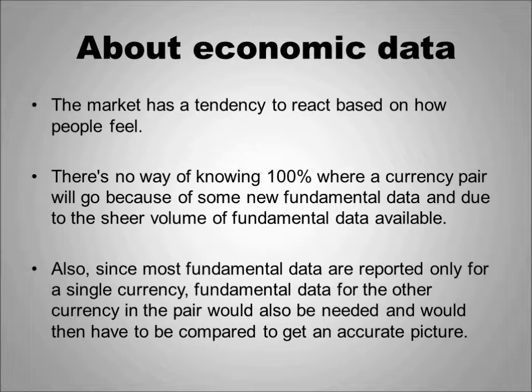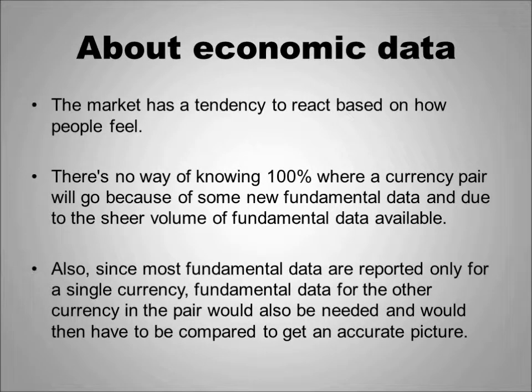Also, since most fundamental data are reported only for a single currency, fundamental data for the other currency in the pair would also be needed and would then have to be compared to get an accurate picture. So the news that we get generally affects just one currency. However, if we want information on both currencies, we have to check the information that affects both.